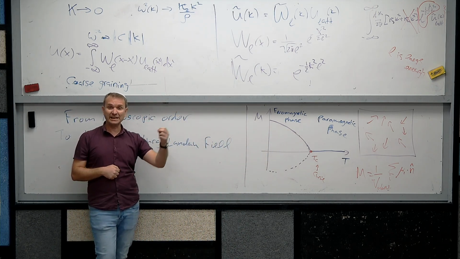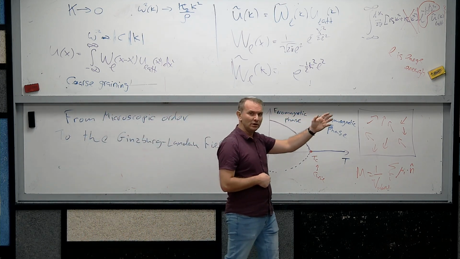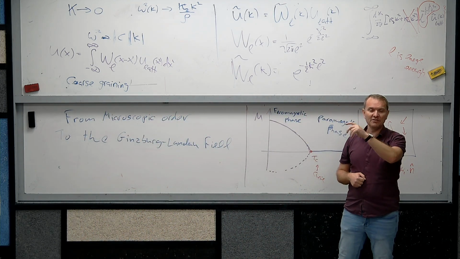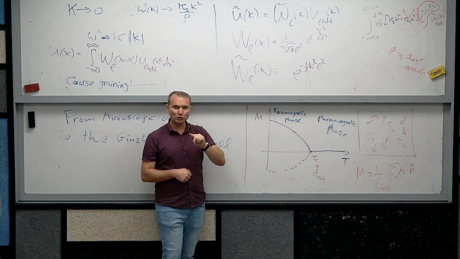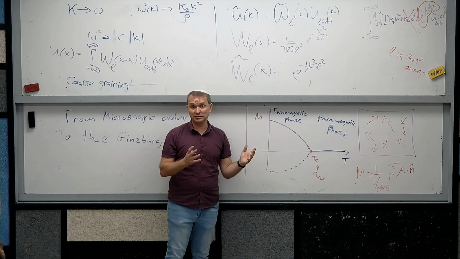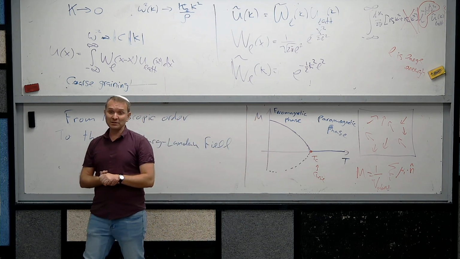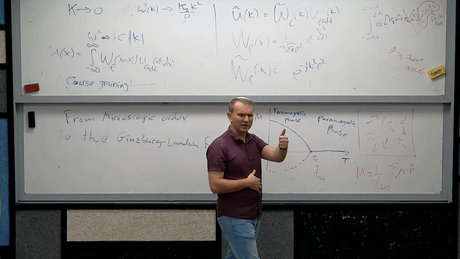So this is the direct approach. Give me the model, an Ising model, give me the exact interactions, and then maybe I will manage to solve it and describe what happens to the magnetization of the system. The problem with the Ising model is that it can be solved only for specific types of interactions in 1D.